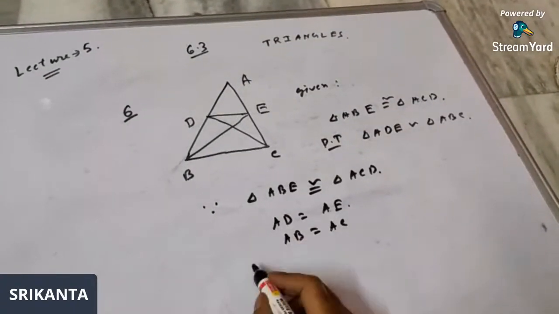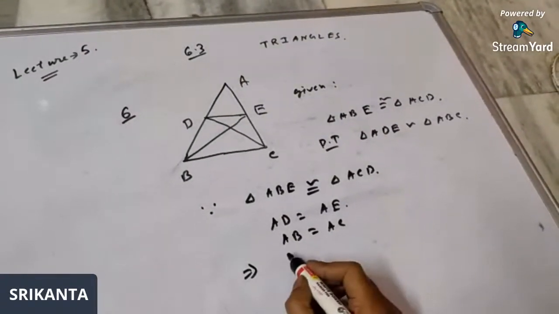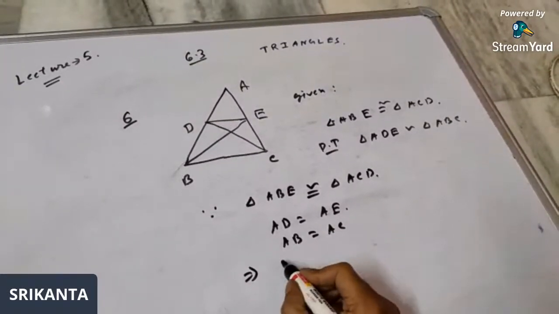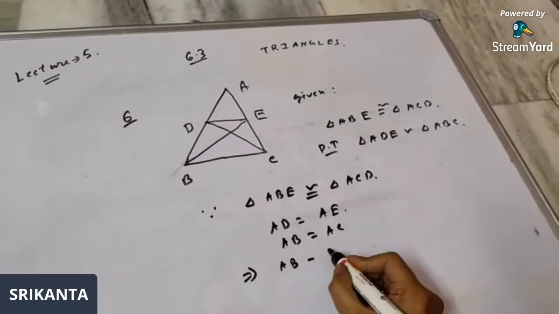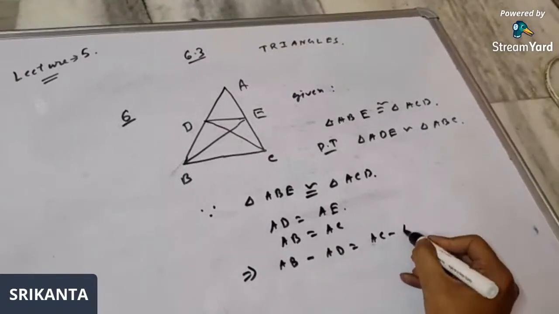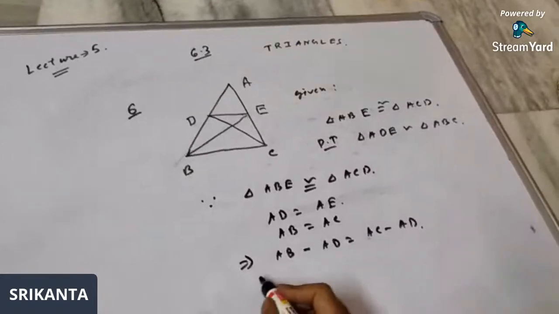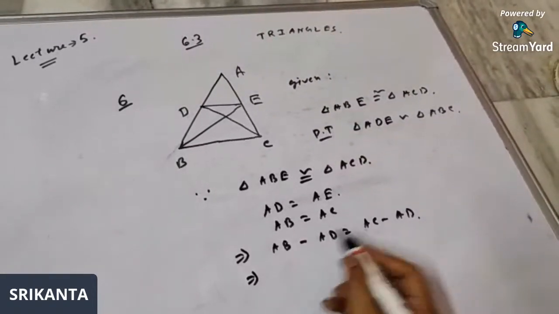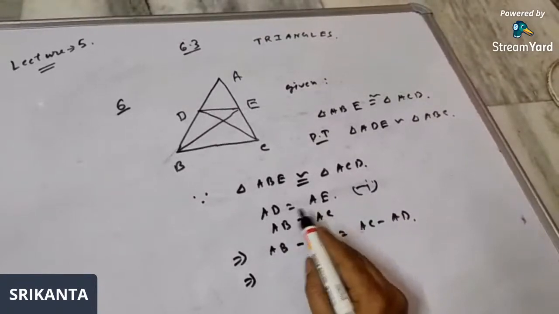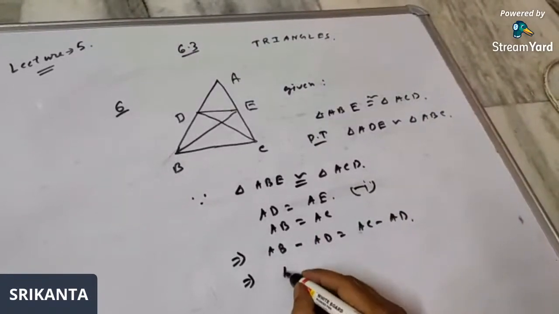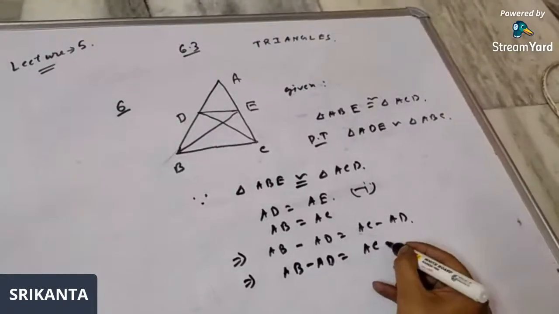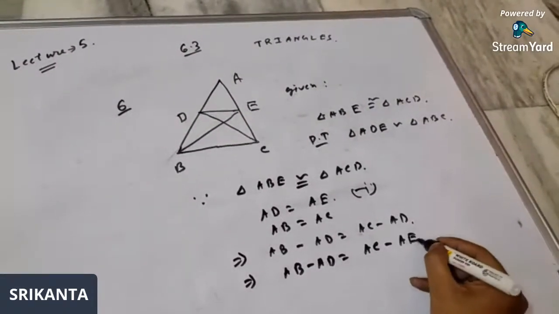Right? Now, since AB is equal to AC, we can subtract the same thing from both sides. So I am subtracting AD from both sides: AB minus AD, AC minus AD. Clear? Now, as you can see from equation 1, in place of AD we can put AE. So here I am keeping it AD, but there I am changing it to AE.